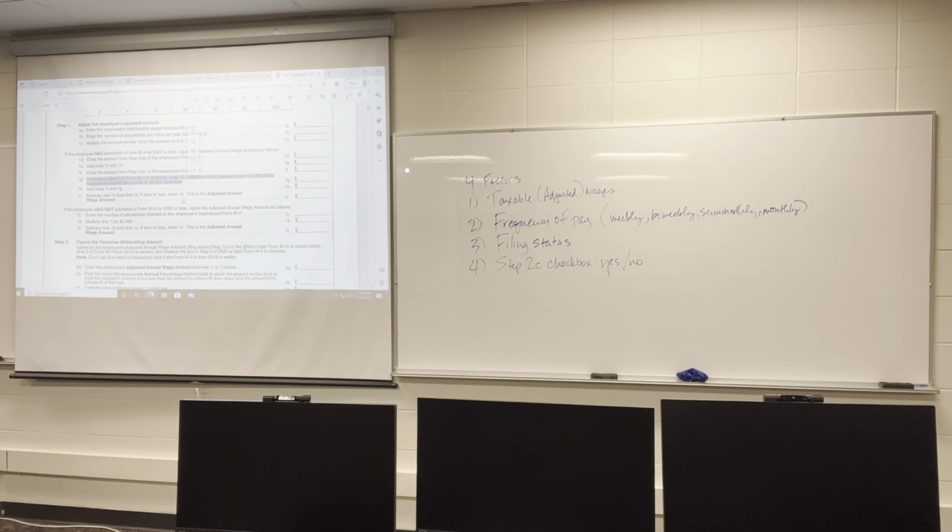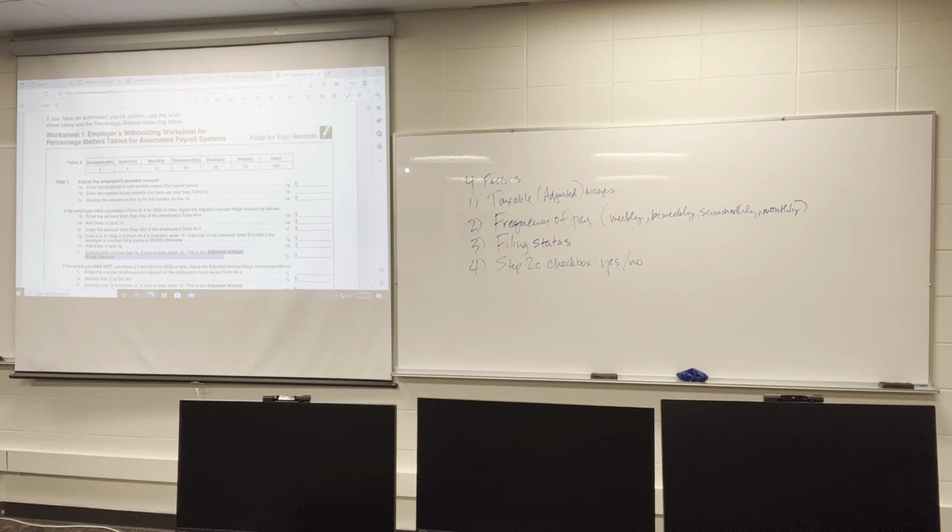If it is not checked, enter 12,900 if the taxpayer is married filing jointly, or $8,600 otherwise. Okay, so this is the checkbox question, that fourth factor up there. And again, this is just to arrive at what our adjusted wage amount is. And here it's an adjusted annual wage amount.